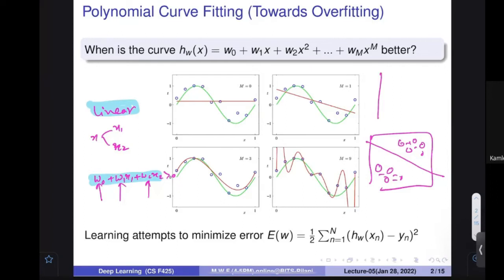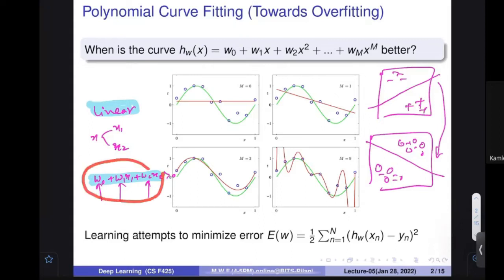But if the data is this way, with the positive items here and the negative items there, then this other line would suffice. So both lines are not the same. However, the kind of equation, meaning the type of model, is going to be the same, but the parameters are going to be different.